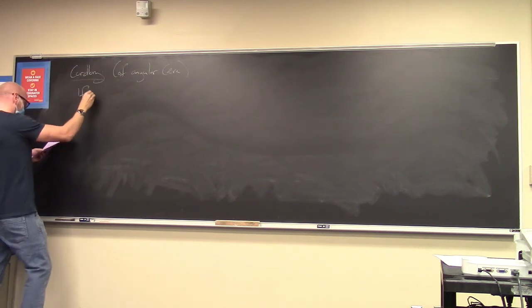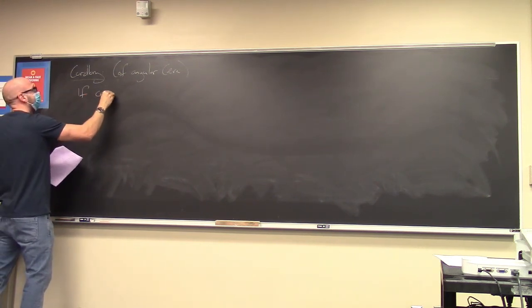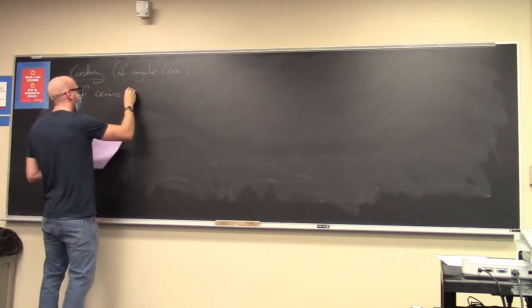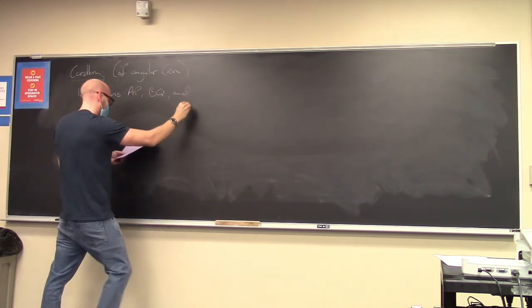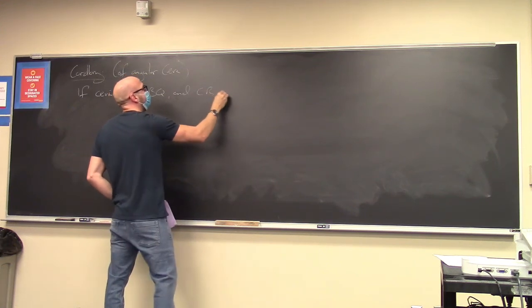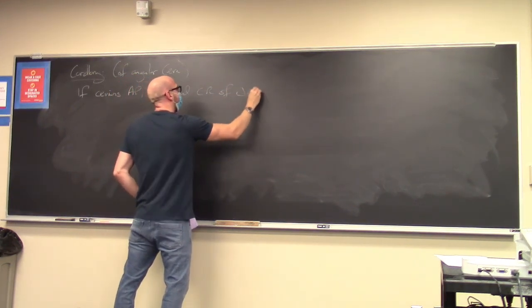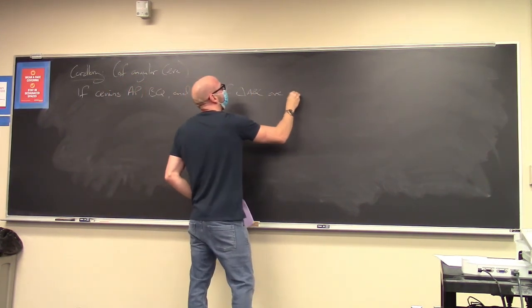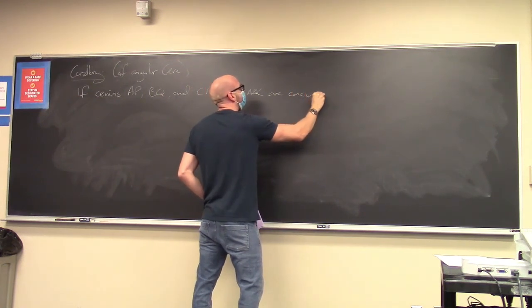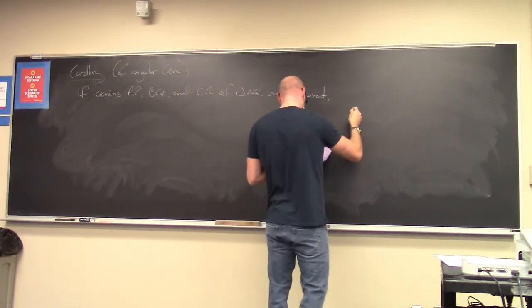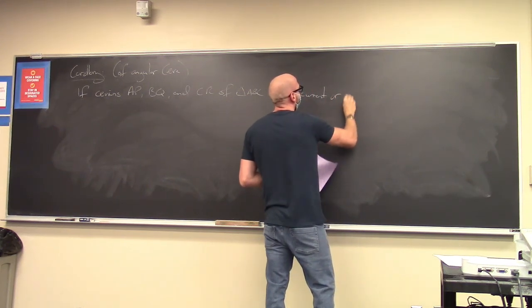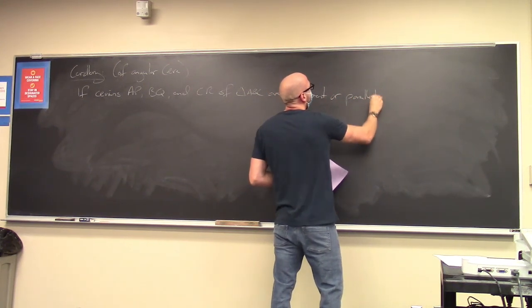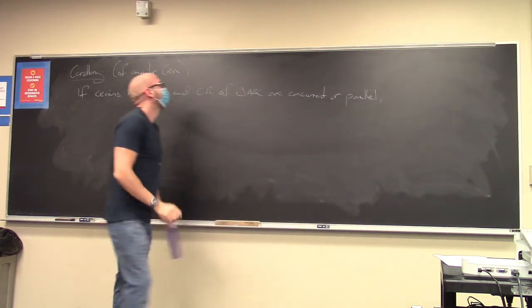And it says the following. It says if Chevians AP, BQ, and CR of triangle ABC are concurrent, well, I suppose it's also true for parallel, not just concurrent.